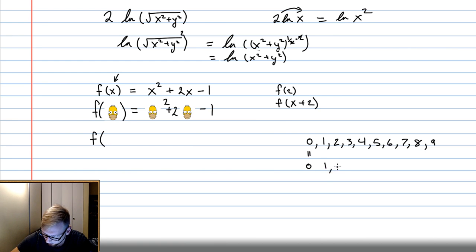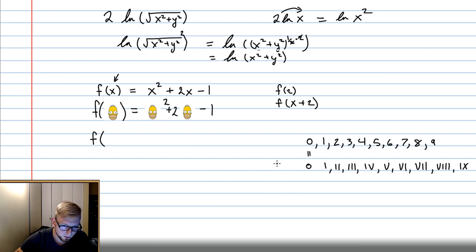I, II, III, IV, V, VI, VII, VIII, IX. It doesn't matter. As long as you have a way to go between them, you can change the way it is in any way.